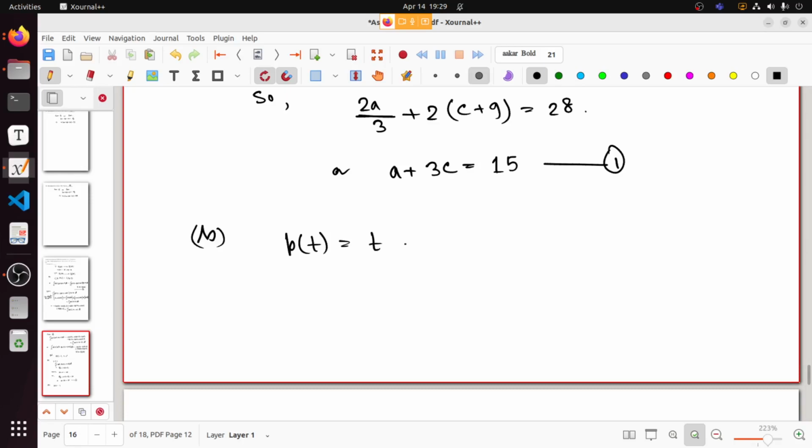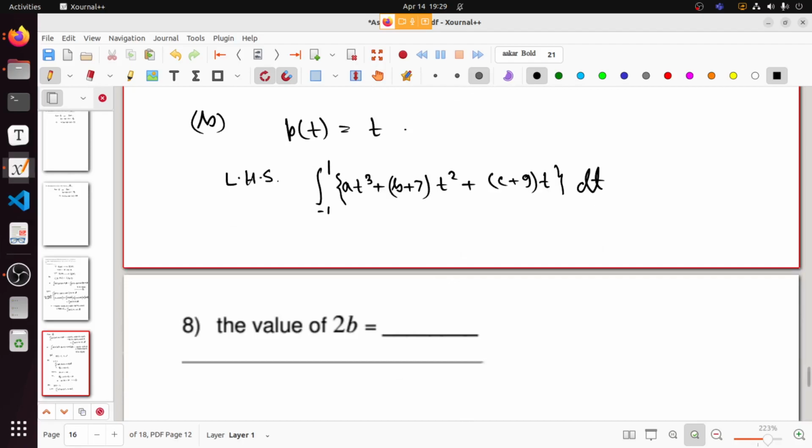Then what will be the left hand side? So this is minus 1 to 1, it will be basically a t cube plus b plus 7 t square plus c plus 9 t dt.